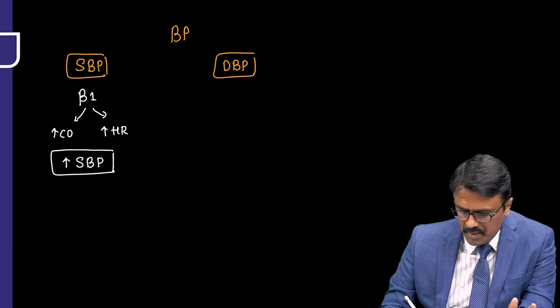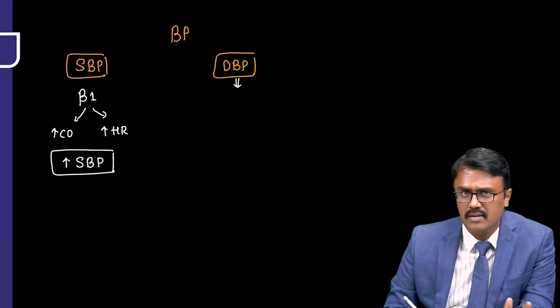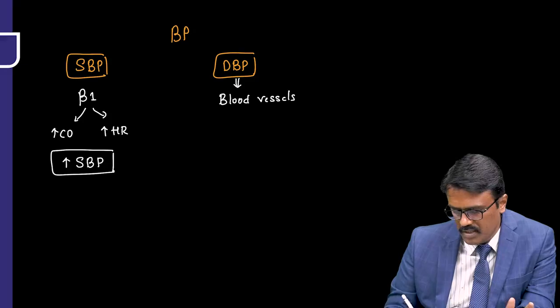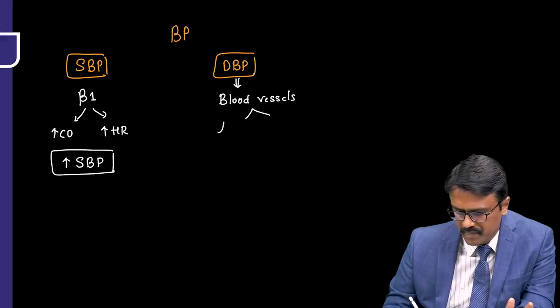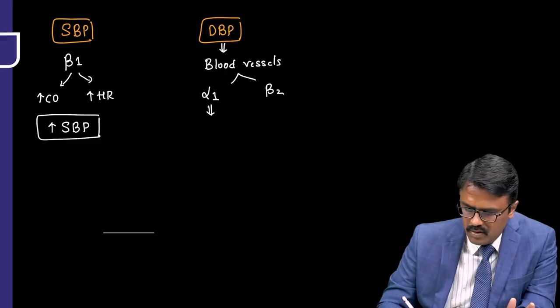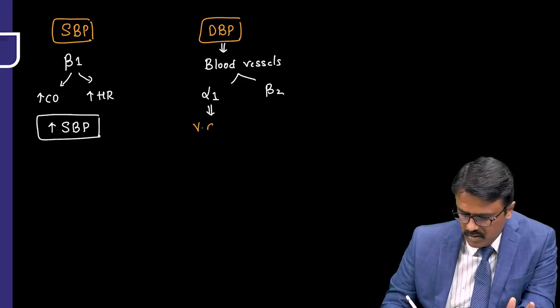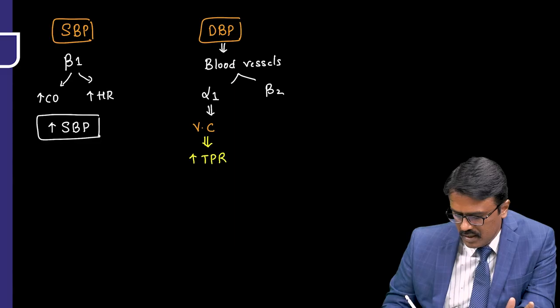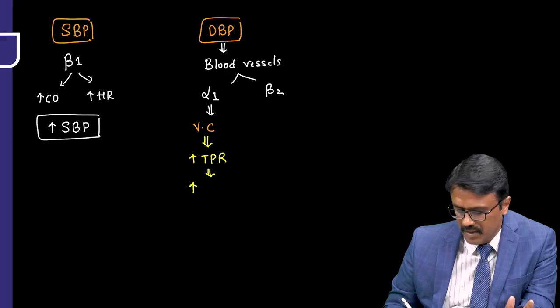Now, diastolic blood pressure depends on the blood vessels. Now, blood vessels have two types of receptor, that is alpha 1 and beta 2. Now, if you activate alpha 1, it causes vasoconstriction. Now, what happens when you cause vasoconstriction? There is increase in total peripheral resistance, and that will contribute to increase in which BP?